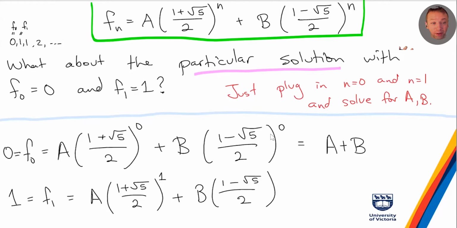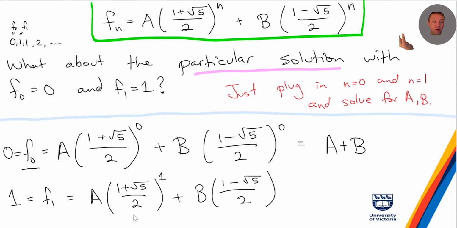I don't care what the blah blah blah is, because anything to the 0 is just 1, except you might have to be careful if I've got a 0 in here. 0 to the 0 is not defined, so don't write down 0 to the 0. But here this is just 1 and 1. So we have a plus b, and f0 is 0, so I have a plus b equals 0.